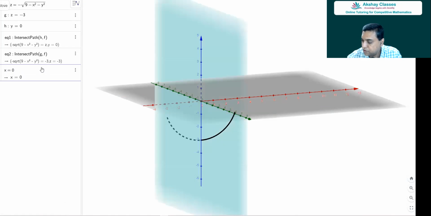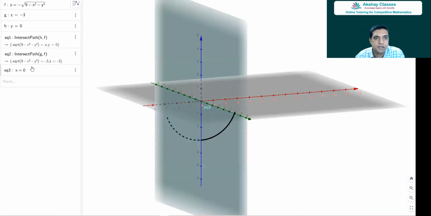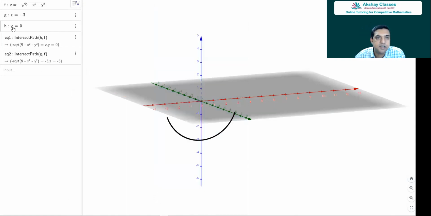All right, I'll just change this. This makes it easier. Instead of y equal to 0, I put x equal to 0. That's it. Now you see the intersection path has changed.